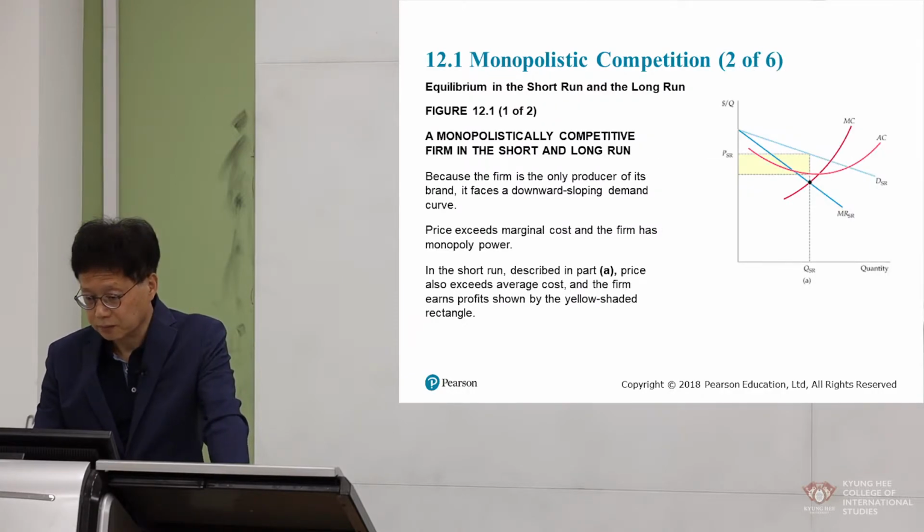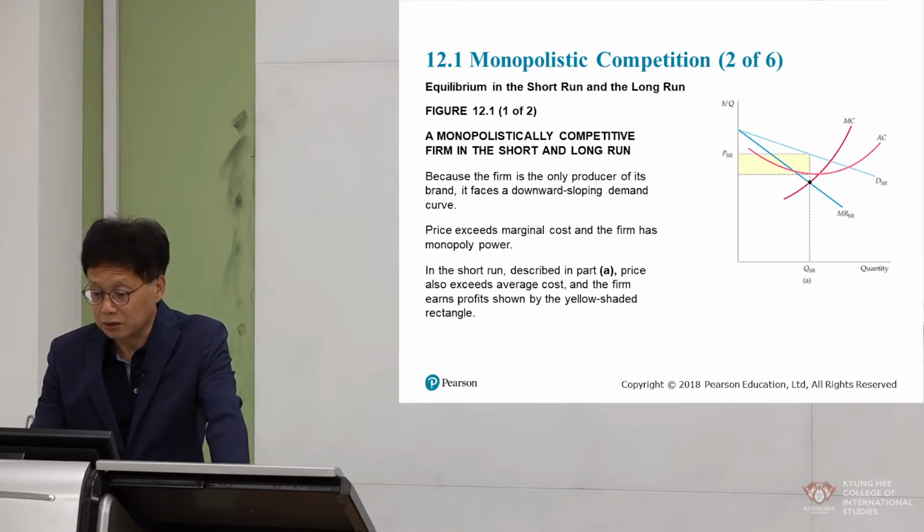Next slide. So equilibrium in the short run and in the long run. That is figure 12.1. Because the firm is the only producer of each brand, it faces a downward sloping demand curve. The demand curve is downward sloping, right? A perfectly competitive firm faces a horizontal demand curve, but in this case, a downward sloping demand curve.